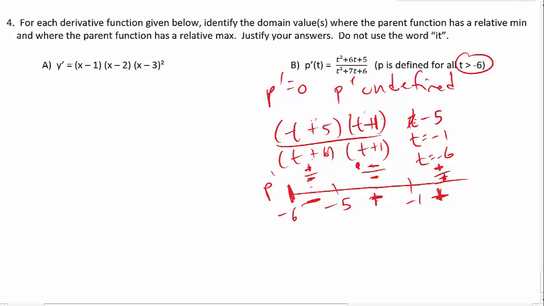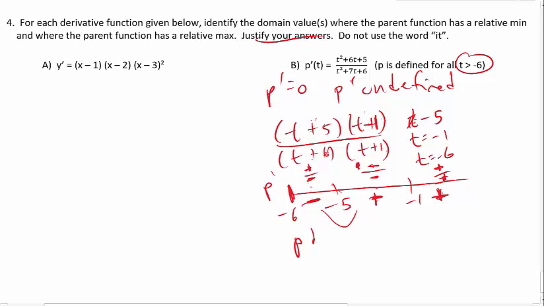So, to justify my answers, I would say, look, p prime's going from negative to positive here. That means p is going from decreasing to increasing. And that's the only extreme we have because that's the only sign change in p prime.